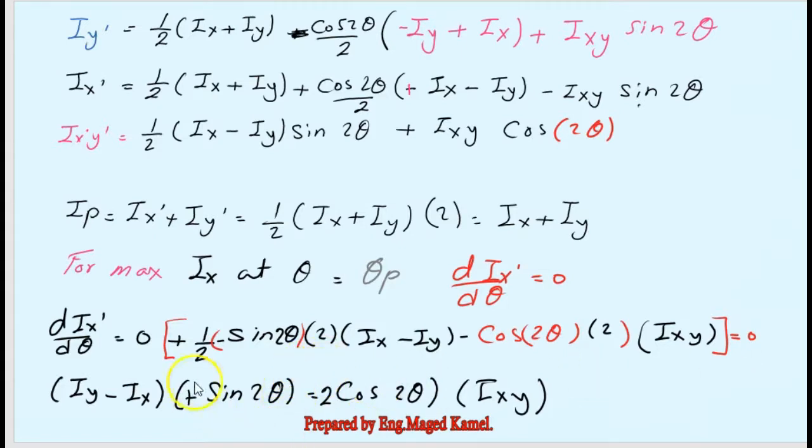When we equate to 0, we have, because of the negative sign, (Iy minus Ix) multiplied by tan 2 theta equal to 2 cosine 2 theta Ixy.